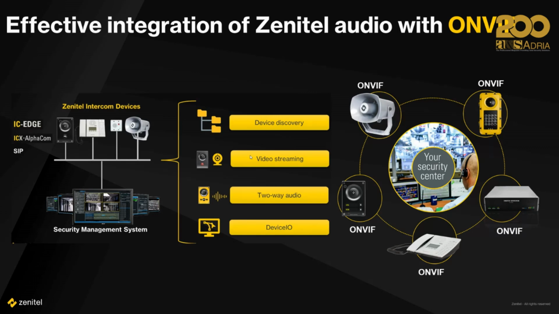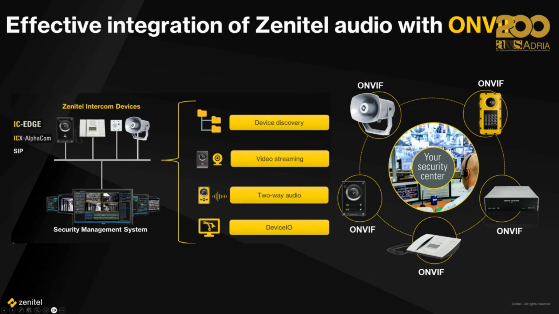Since OnWave runs directly on the edge devices themselves, our intercoms support OnWave in any mode. I have shown you earlier that we support 3 different operation modes: SIP, ICH, and ICX-Alphacom. Since OnWave runs on the device itself, regardless of the operating mode, we support OnWave on all 3 modes.